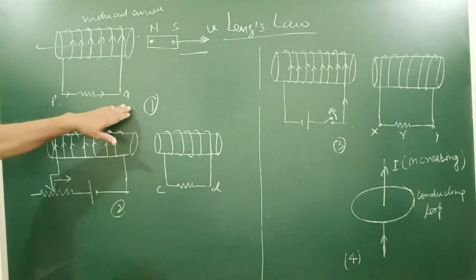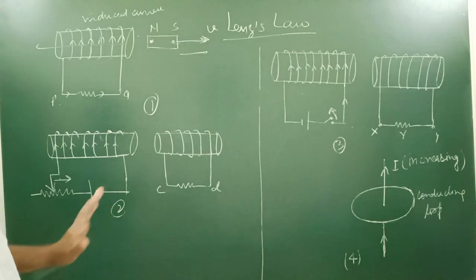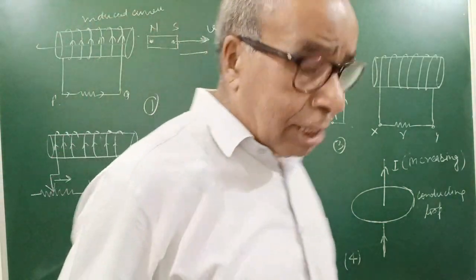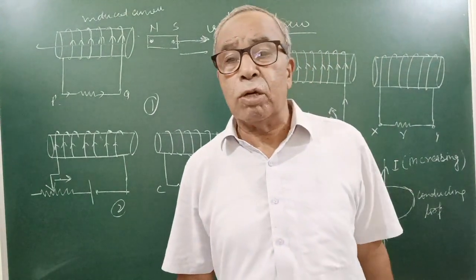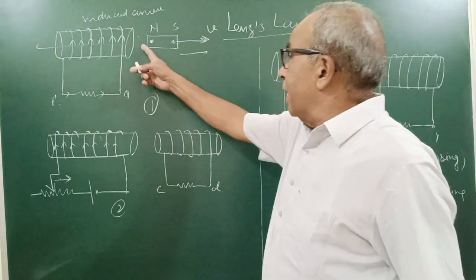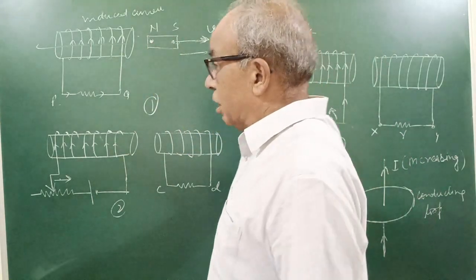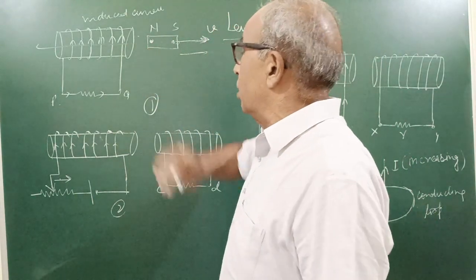Generally they ask what is the direction of current in this. I think it is very clear. Lenz law states that the direction of induced current is such that it opposes the cause by virtue of which it is produced. So here the magnet is moving away, so its motion should be opposed, so there should be a south pole.